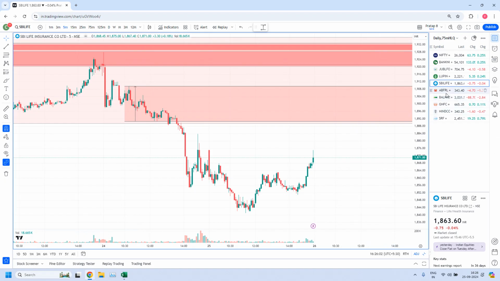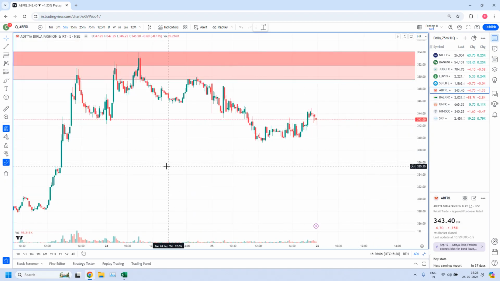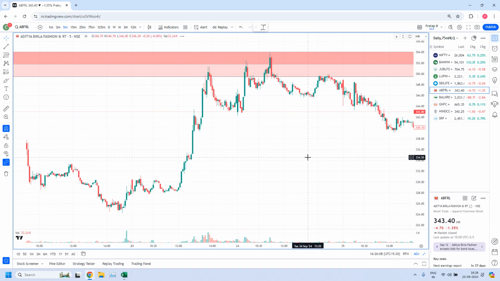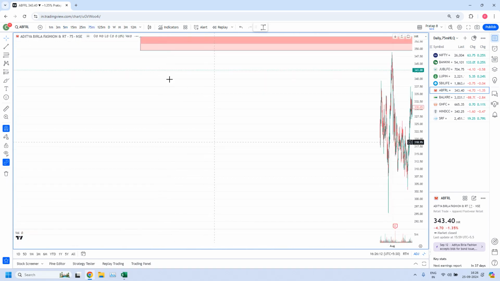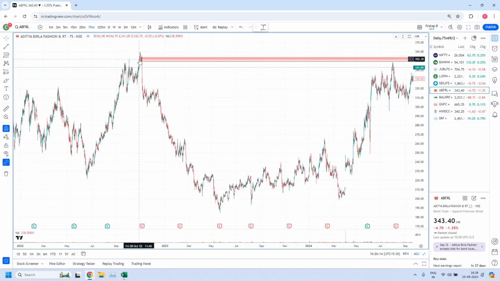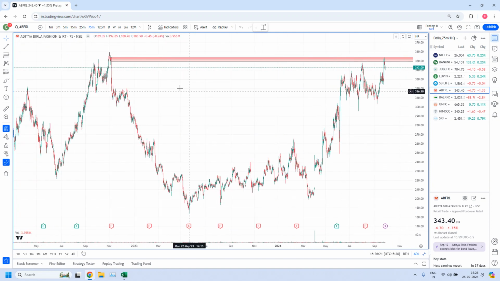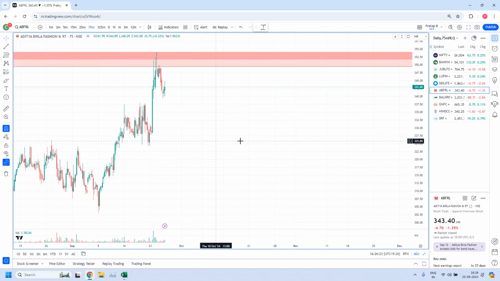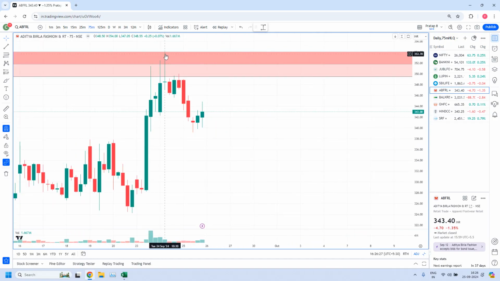Okay, next, ABFRL. This is also a very old zone, 75 minutes, almost October 2022. You may not have 5 minutes data, but still, in the recent price action, prices went almost close to the distal line.